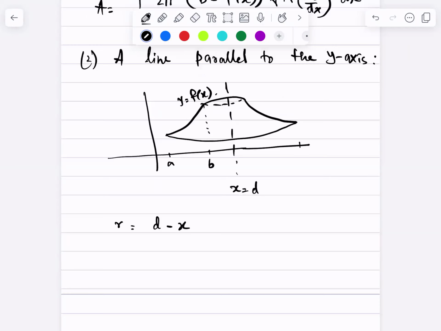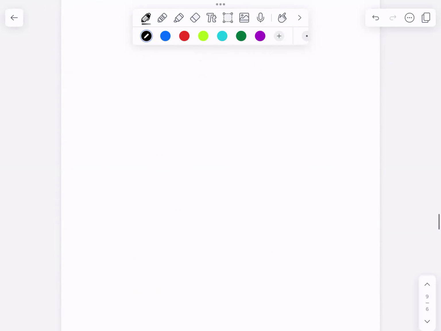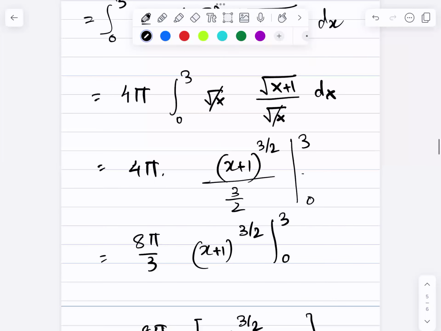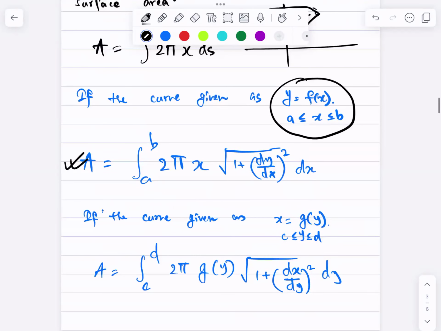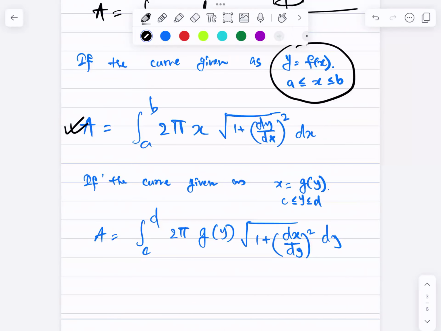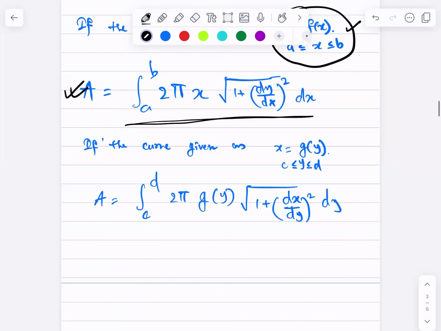Remember, if we go back to the page where I have written the formulas, for the y-axis I have this formula: the curve is given as y equal to f(x), and I am rotating around the y-axis. So I have 2 pi x times square root of 1 plus (dy over dx) squared dx.